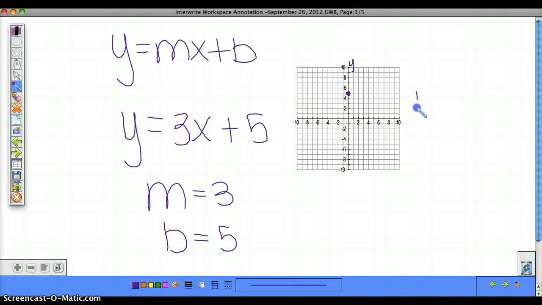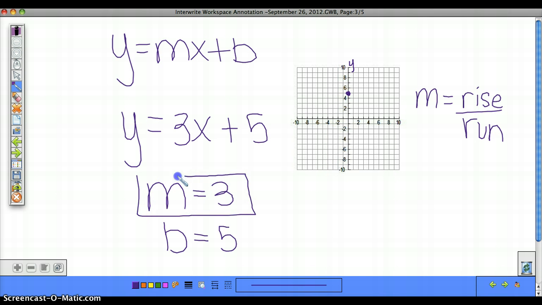Now, if you remember from before, slope stands for rise over run. So to plot my next point, I'm going to use that my slope is 3. In my equation, I am rising up 3, and then I am running right 1. So from my y-intercept, I'm just going to rise up 3 and run 1.